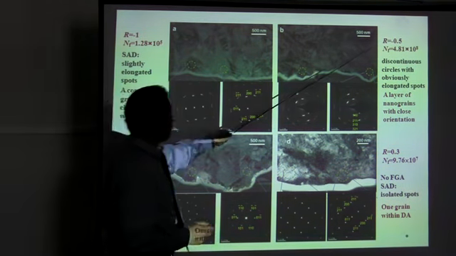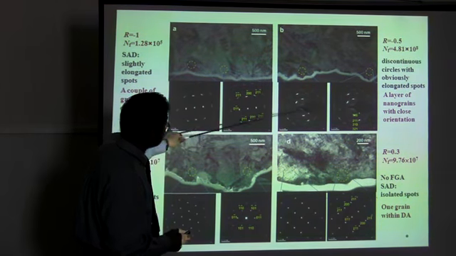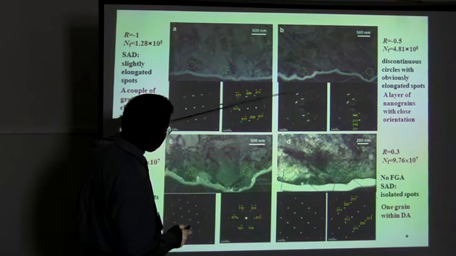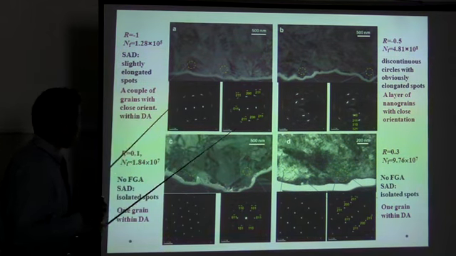And for -0.5, it's a kind of discontinuous circle. It's still a few grains within the diffraction area.